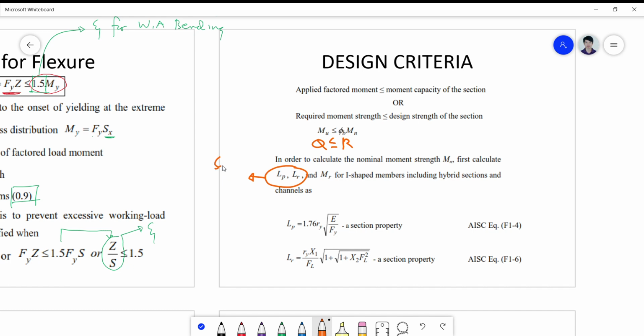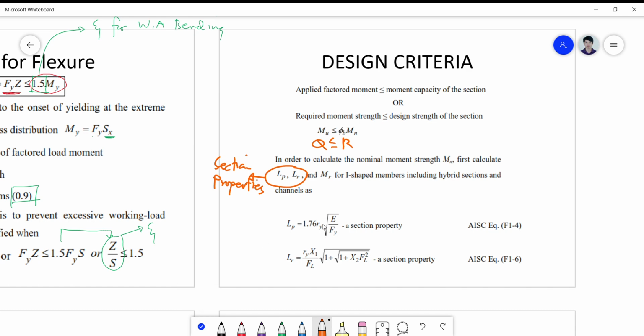These are additional section properties in excess of the properties you may be obtaining from the table, or you may be computing using basic calculations. So Lp is simply equal to 1.76 ry square root of E over Fy, and Lr is simply equal to ry x1 over FL square root of 1 plus square root of 1 plus x2 FL squared. So they are both sectional properties.